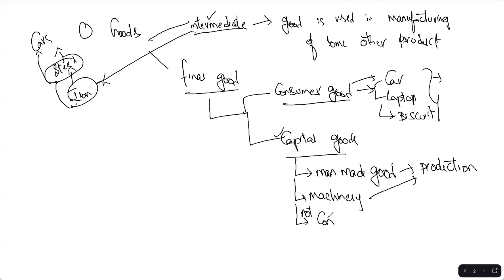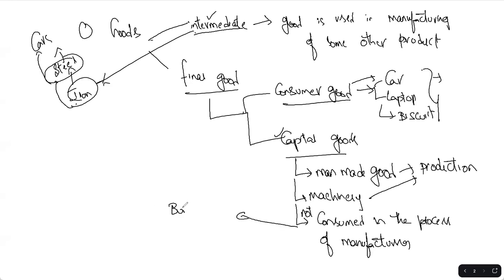It is not consumed in the process of manufacturing. Right? So understood? So you have used a machinery, or you have used a kind of building for production of something else, or it can be a road, railways, all this comes under your capital goods. Okay.